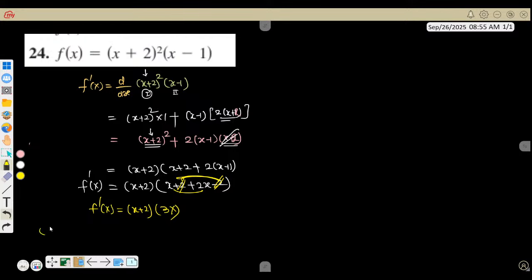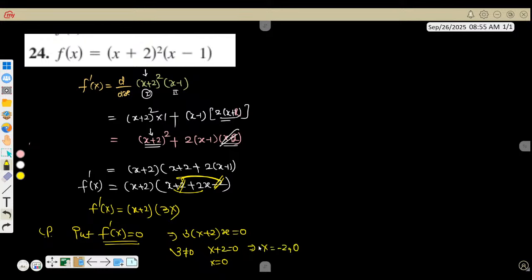Now if I want to find the critical points, put f dash x equal to 0. If derivative is 0, this implies (x plus 2) or x equals 0. 3 cannot be 0 because 3 is a number. So either x plus 2 is 0 or x is 0. If this is 0, x is minus 2, or x is 0.